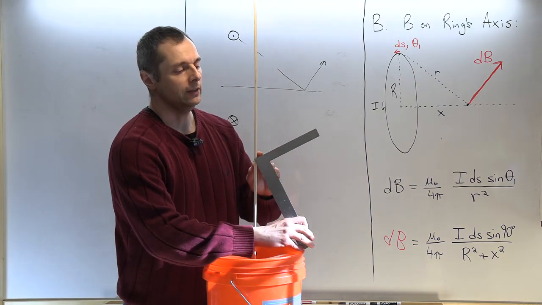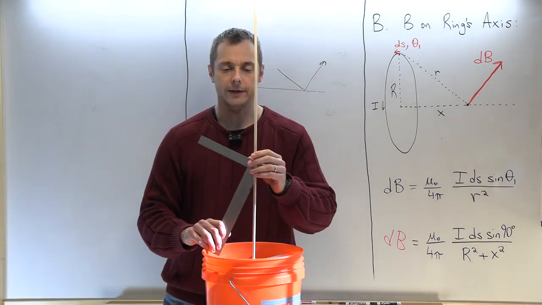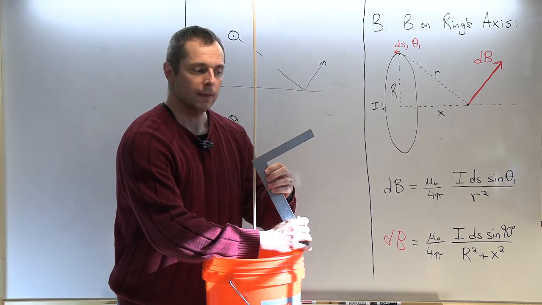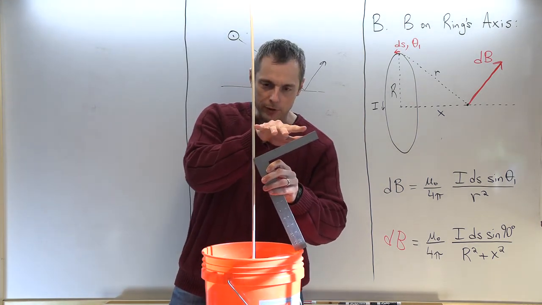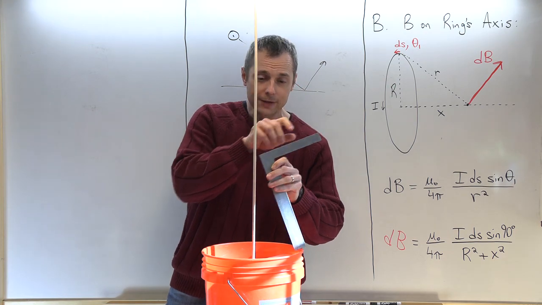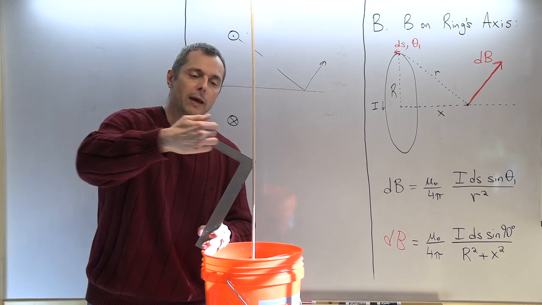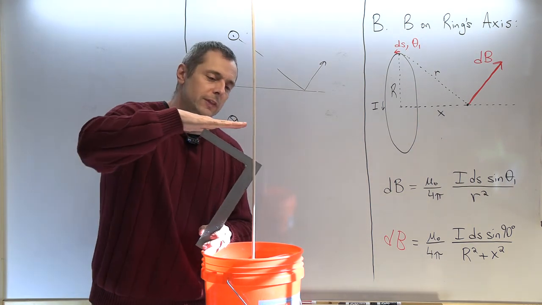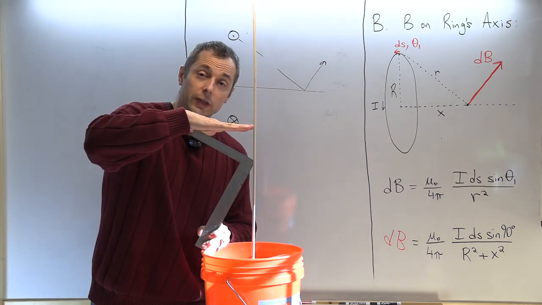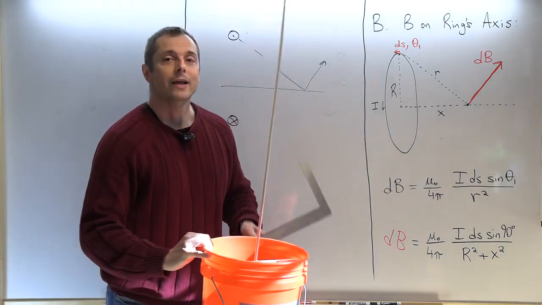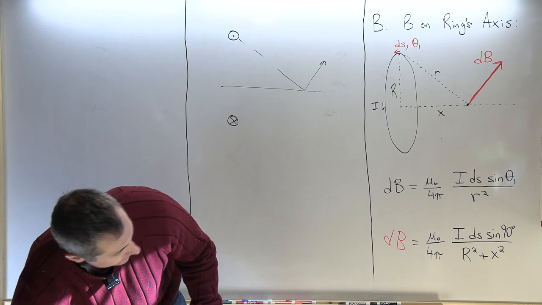The only difference is that the vertical components will align here and here, up and up. But the horizontal components, one is going toward your right, and over here from this ds, the magnetic field is going to the left. So these components, what's looking horizontal here, but on my drawing over here will be the vertical components, are going to cancel.